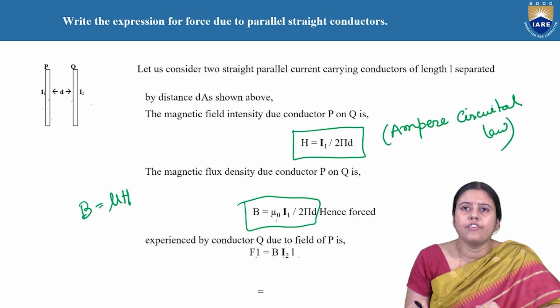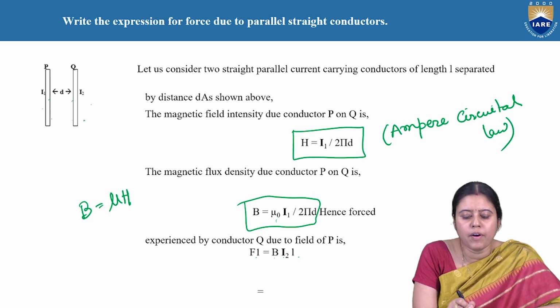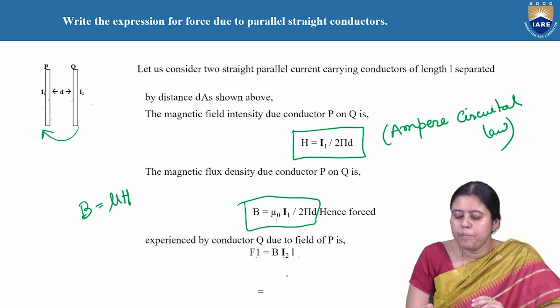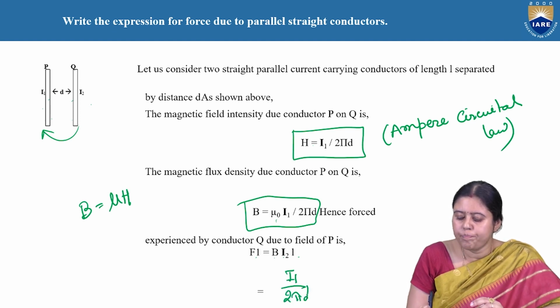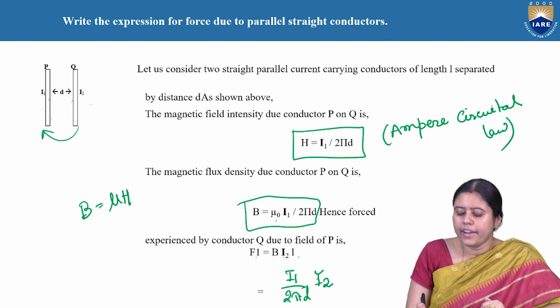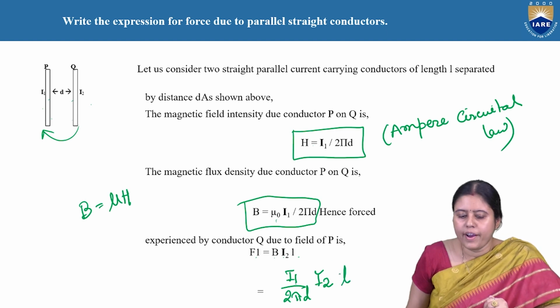So F is equal to B I2 L. What is B? B is nothing but mu naught I1 by 2 pi d. So we get mu naught I1 I2 L by 2 pi d.